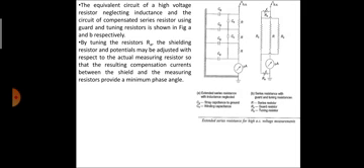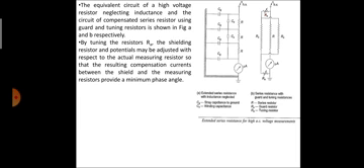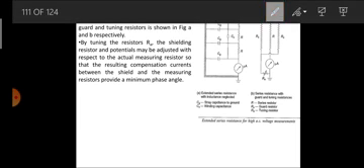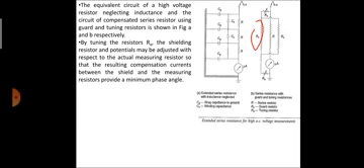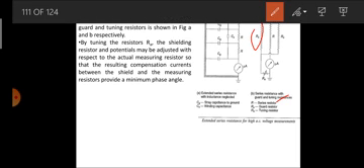By tuning the resistor RA at the top, at the HV terminal, the shielding resistor and the potentials may be adjusted. Shielding resistors are your guard resistors, which can be seen here. RA is the tuning resistor, which you can see at the top. It's a variable resistor, and R is the series resistor.